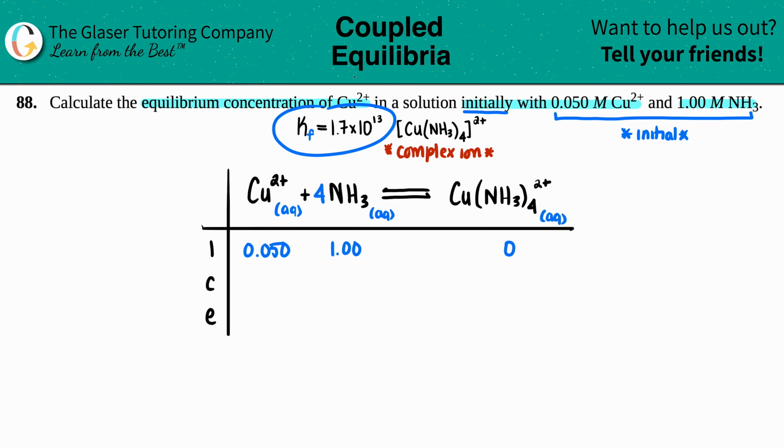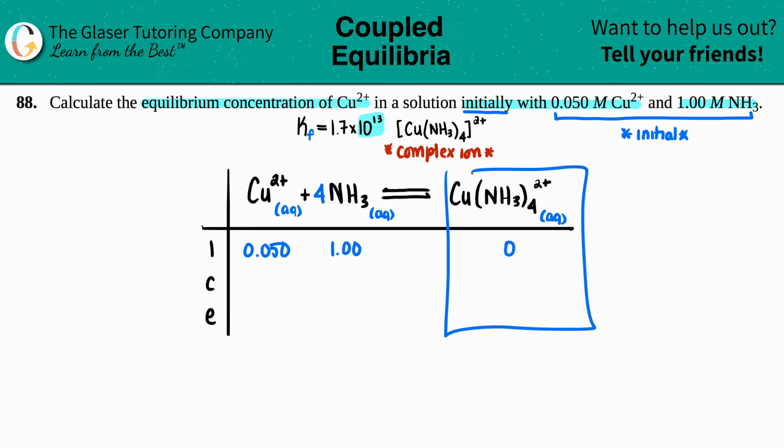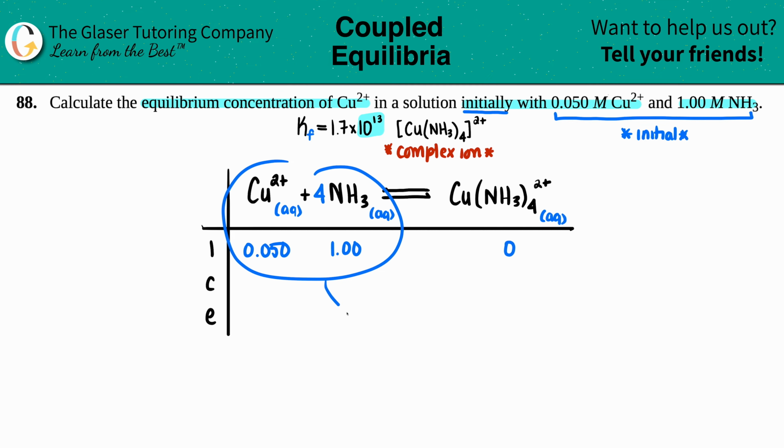Remember, these Kf values are always going to be so large. That means that at equilibrium, you should have mostly products. So basically you're going to go through this reaction as if it was just a regular reaction going to completion. We can assume that. But the thing is that I have 2 starting values, so I need to know which one is the limiting reagent.